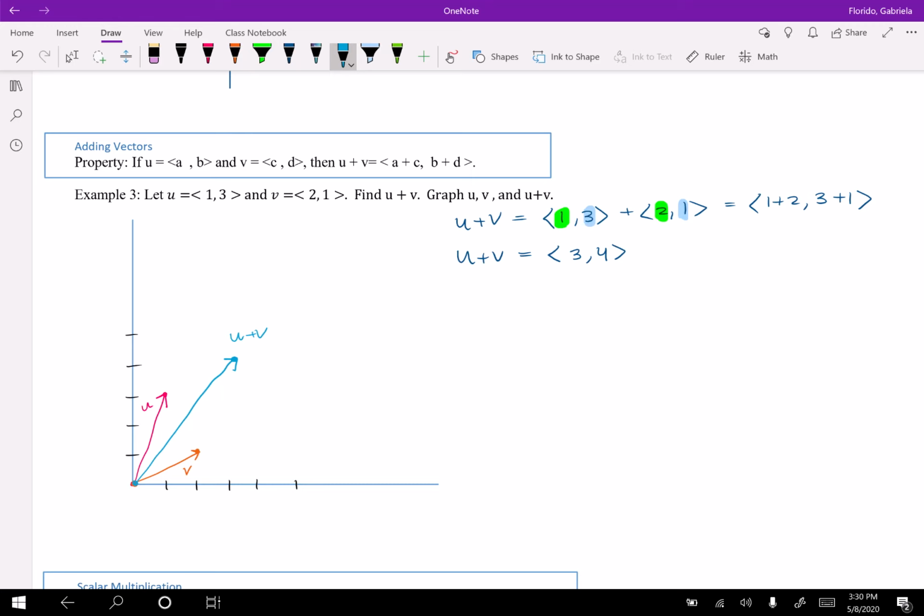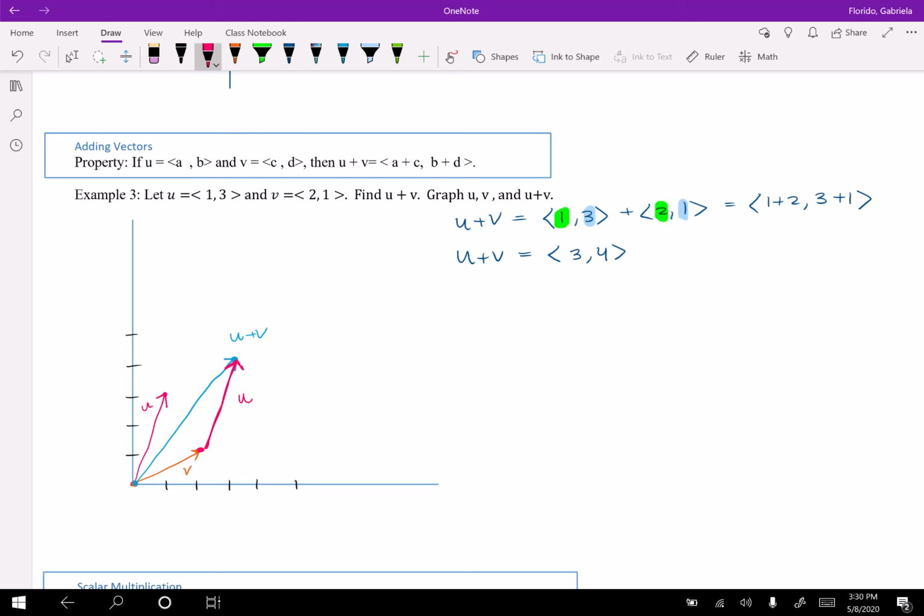You might not be able to see it, but what's actually happening graphically is that if we move vector u so that the initial point is at the end of vector v, and point the terminal point of vector u to the terminal point of vector u plus v, we would get u plus v as well.